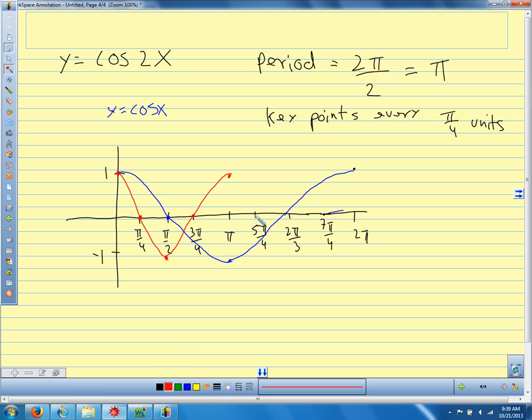And this one would go this way. So it would complete twice as many cycles in the same period that the cosine function completed one cycle. So there would be my graph of those two functions.